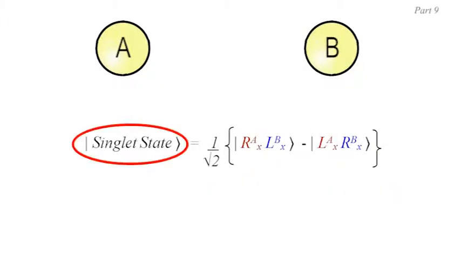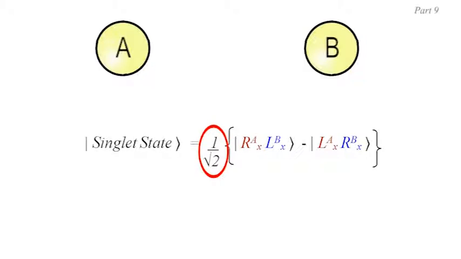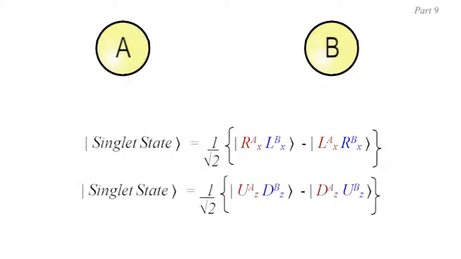The singlet state is 1 over root 2 times right left minus left right. So this is identical to this, the up-down version. It looks the same as the up-down version, but with left and right.